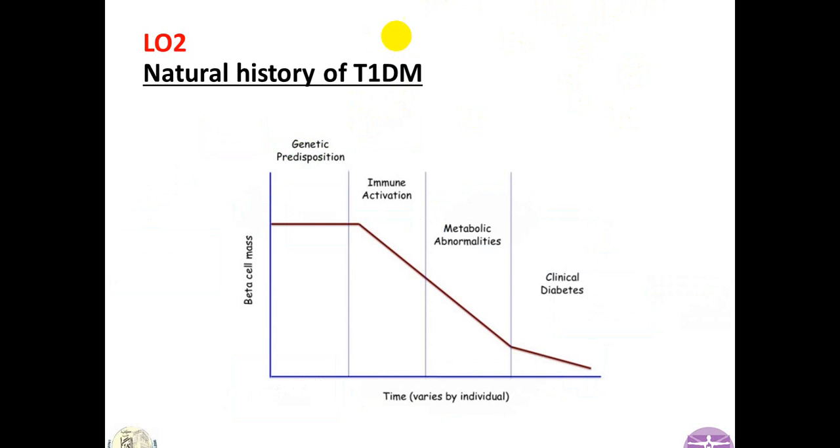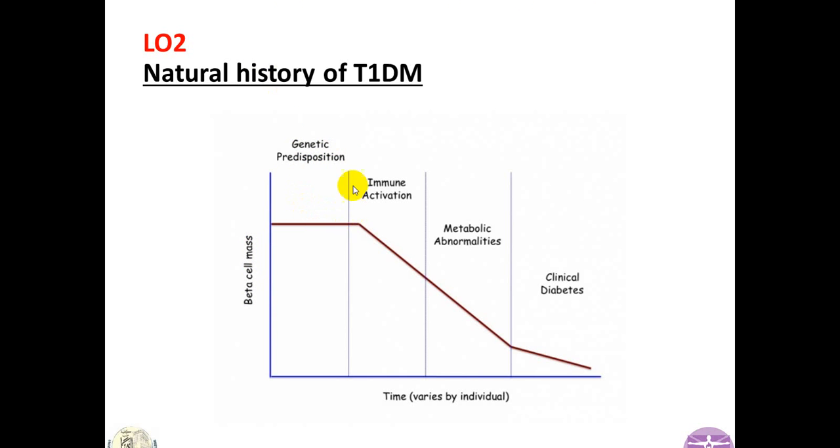So if we have a look at this graph, on the x-axis below you have the time. Usually it is not a long time, as I said, it is a short time, usually weeks. And here on the y-axis we have the beta cells of the pancreas. So at the beginning there is a good number of beta cells, but the patient has genetic predisposition, that is the HLA DR3, DR4.